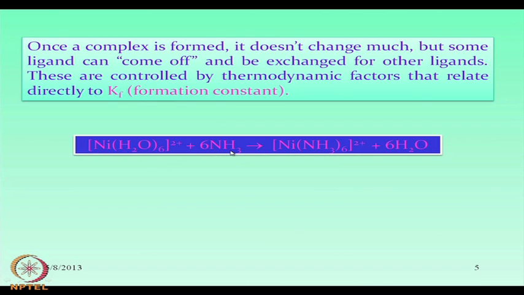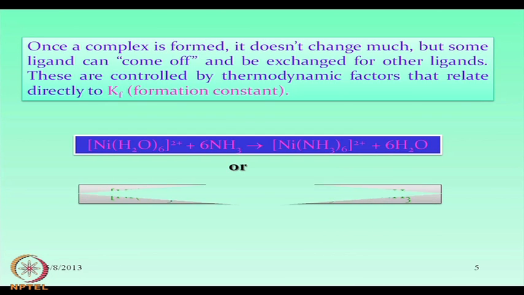That means one after another amine molecules are coming and substituting the 6 water molecules already present on the nickel 2 ion, giving rise to the corresponding binding of 6 ammonia molecules to the nickel center and with the corresponding removal of 6 water molecules.